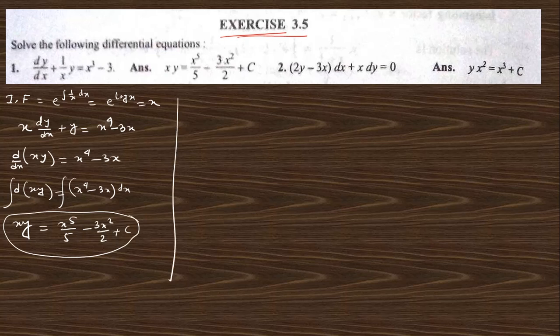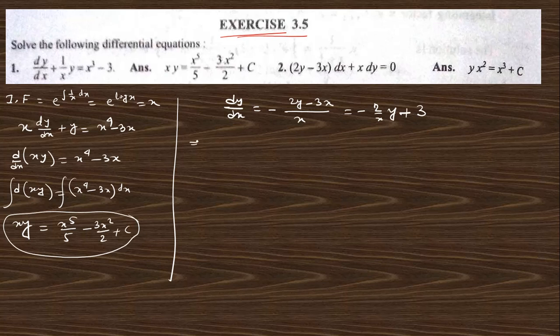In that case, if you rearrange them, you will get dy/dx equal to minus x by 2y minus 3x. I think I wrote it right. So this is (2/x)y plus 3.